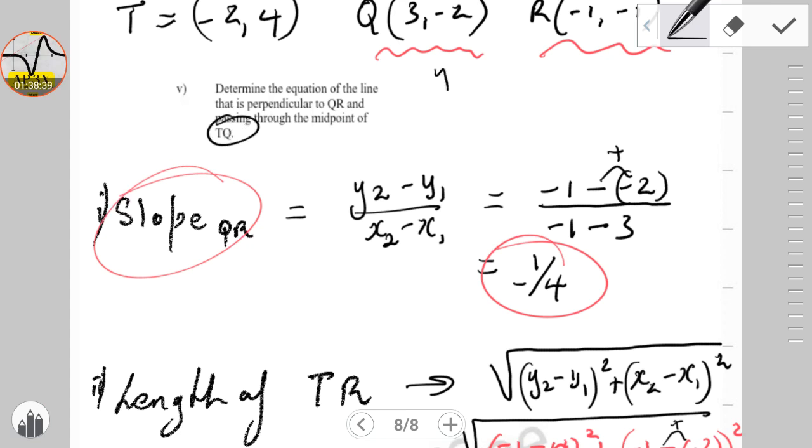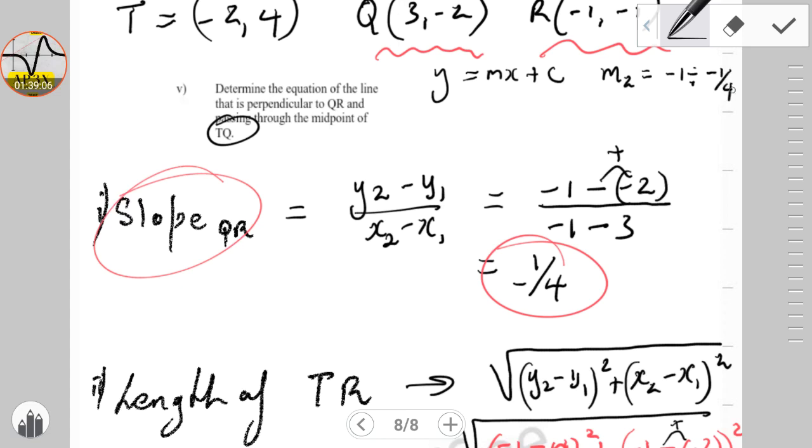So we know that, of course, the equation of any line is y equal mx plus c. But the m that we're looking for here is in fact the perpendicular gradient m2. So just skipping through, as I said, if you want a thorough review on this, you can go ahead and check that out. But m2 is going to be equal to -1 divided by the gradient of m1, which we already know is a quarter.